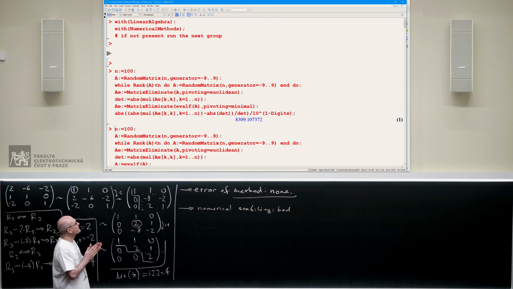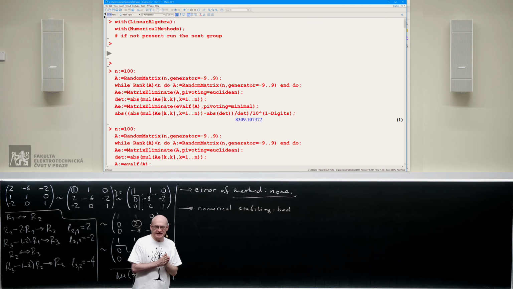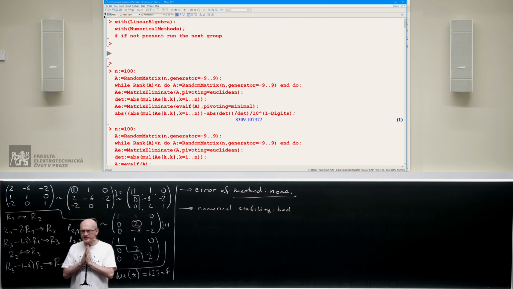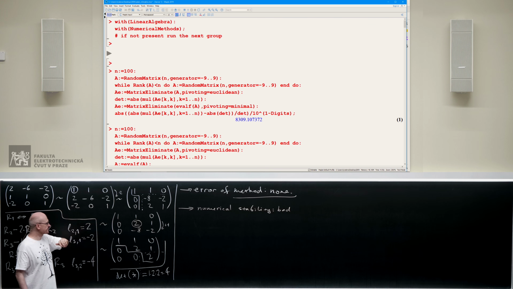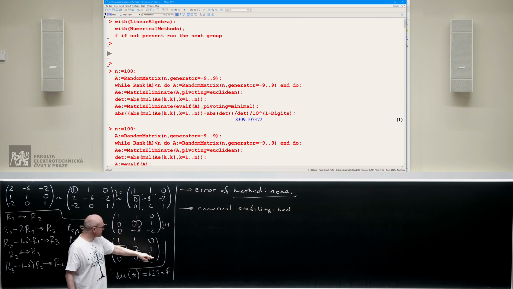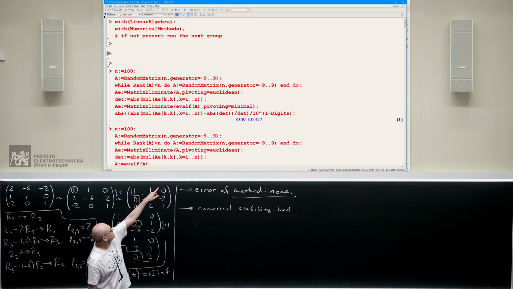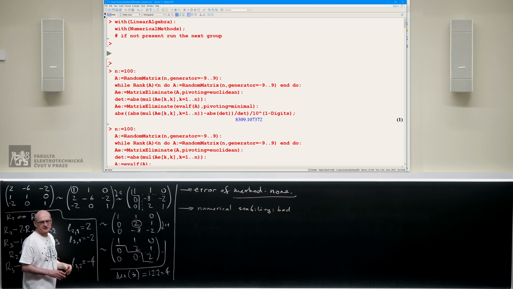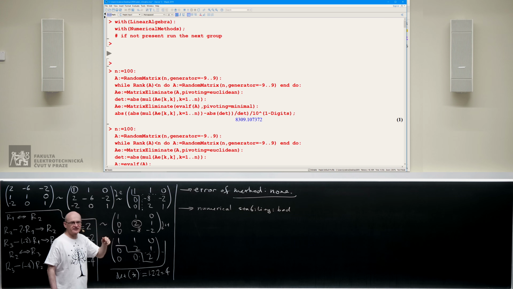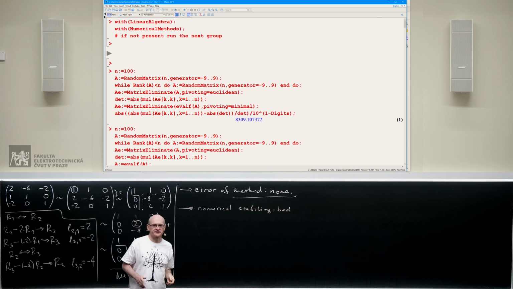So I see the number 8309. This tells me that after I used numerical elimination with floating point numbers on a 100 by 100 matrix, the determinant had an error which was something like 8,000 times larger than the usual error of calculations. So the reliability of the answer of determinant is 8,000 times worse than I would expect for usual algebraic operations. By the way, let's recall something.